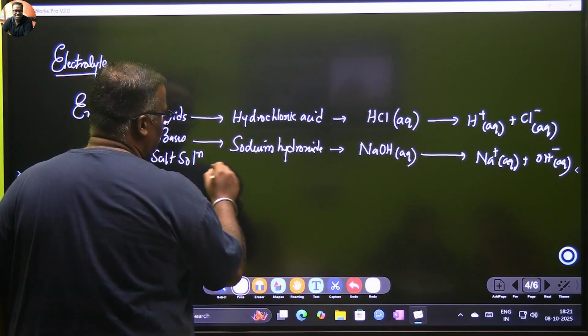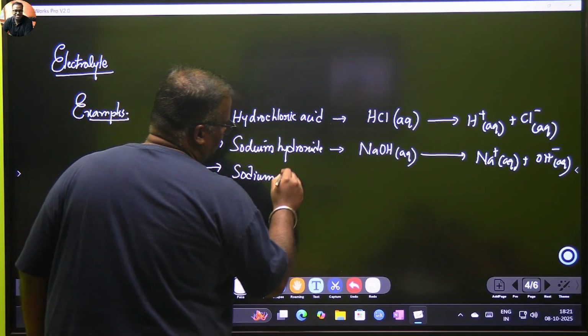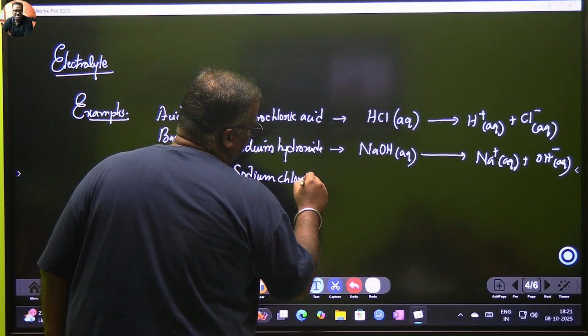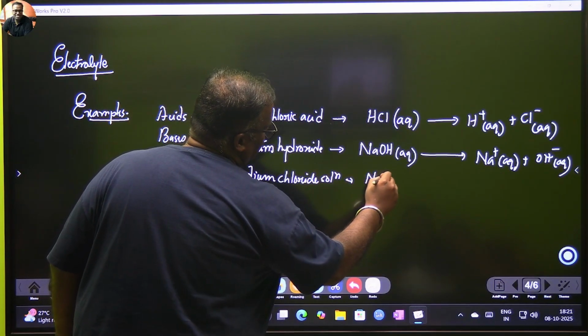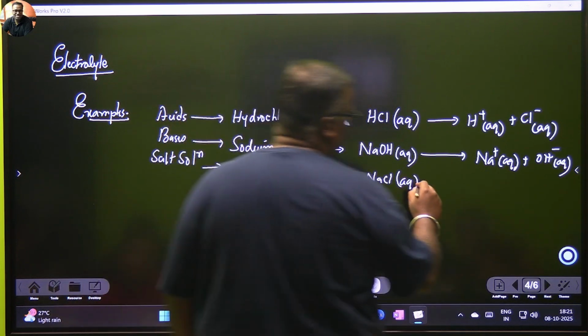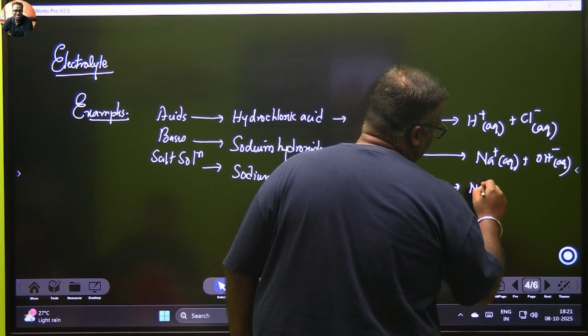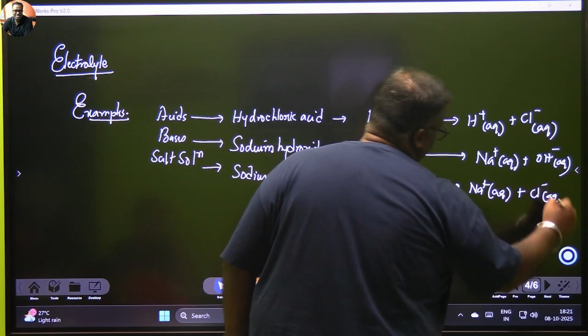And the salt solution, which we already know, sodium chloride solution. So we'll call this NaCl, again aqueous. So it will give you what?